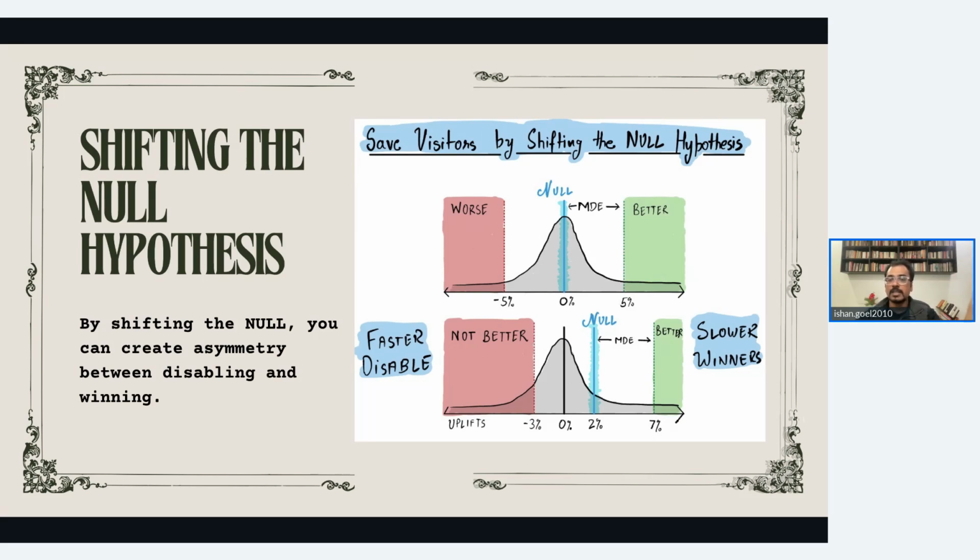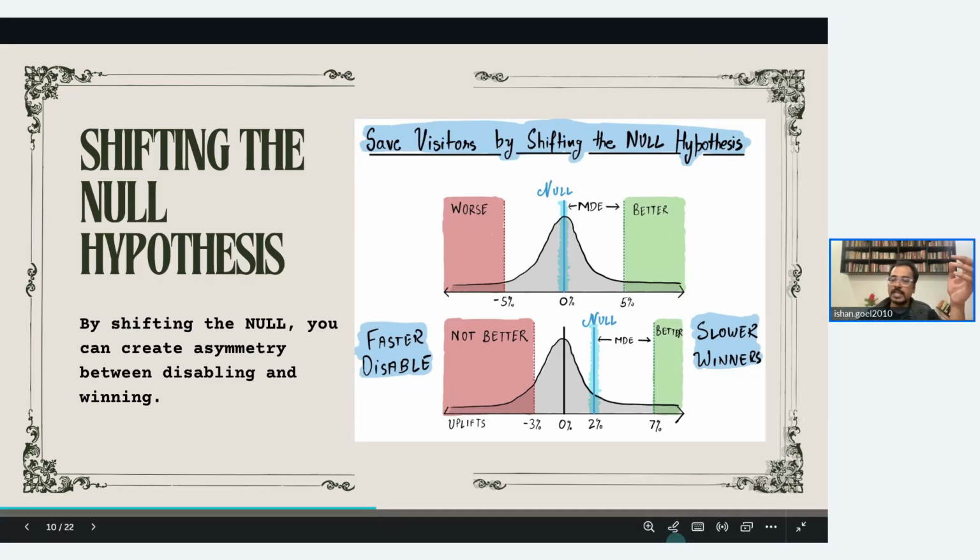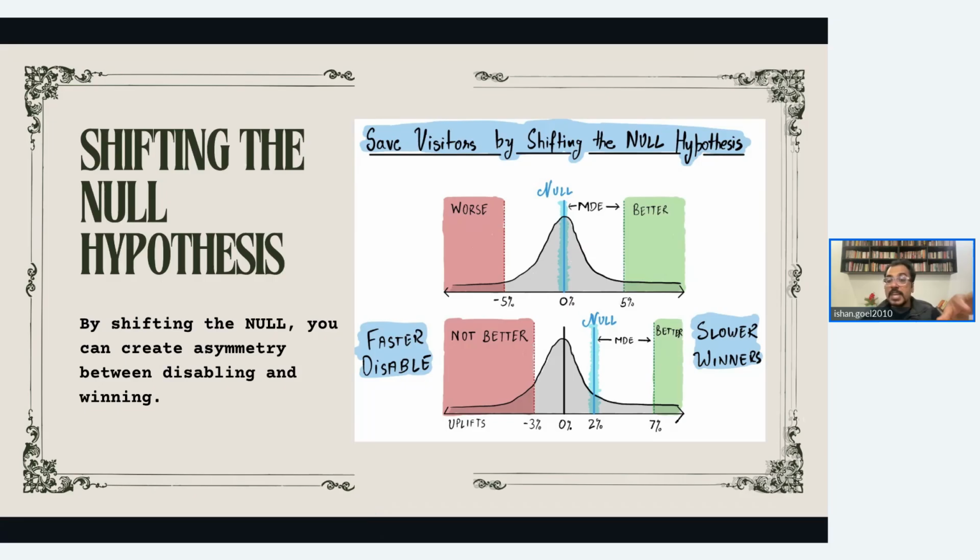So when something is not better, you can stop it with confidence, knowing that the something not better might still be in the range of 0 to 2%. But if you are okay letting the range of 0 to 2% go, then you can happily discard a lot of ideas quickly and earlier into the test.